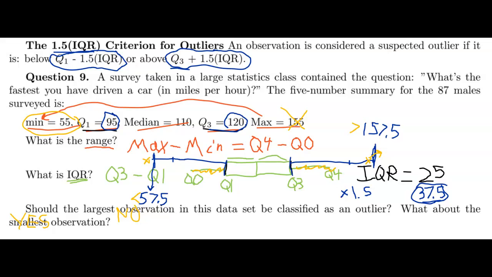What I always like doing is saying, look, I want to know where that 1.5 came from. Why is this blue line 1.5 when we add it to Q3? Why is that 1.5 and not 2 or half or whatever?